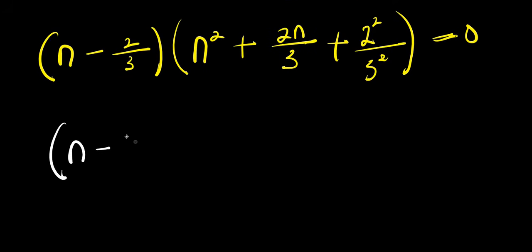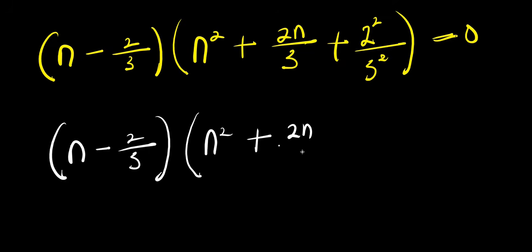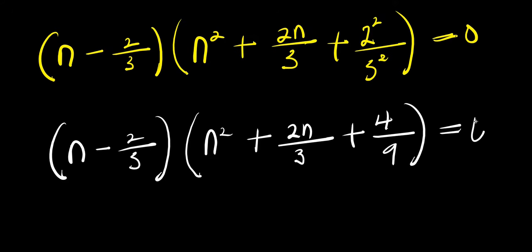From here, we have n minus 2 divided by 3 times n squared plus 2n divided by 3 plus 4 divided by 9 equals 0.